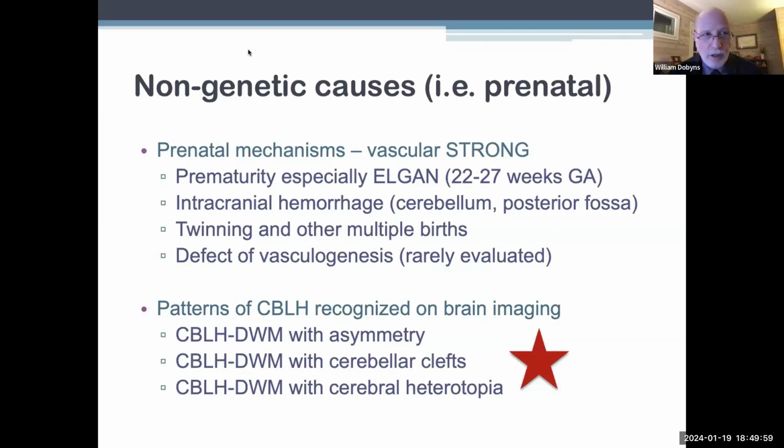Next would be cerebellar clefts. And third is perhaps the most important one that you may not have heard of before. It's cerebral heterotopia, mostly periventricular nodular heterotopia, but also subcortical heterotopia. The yield from genetic testing when you have a cerebellar malformation and heterotopia is very, very low.